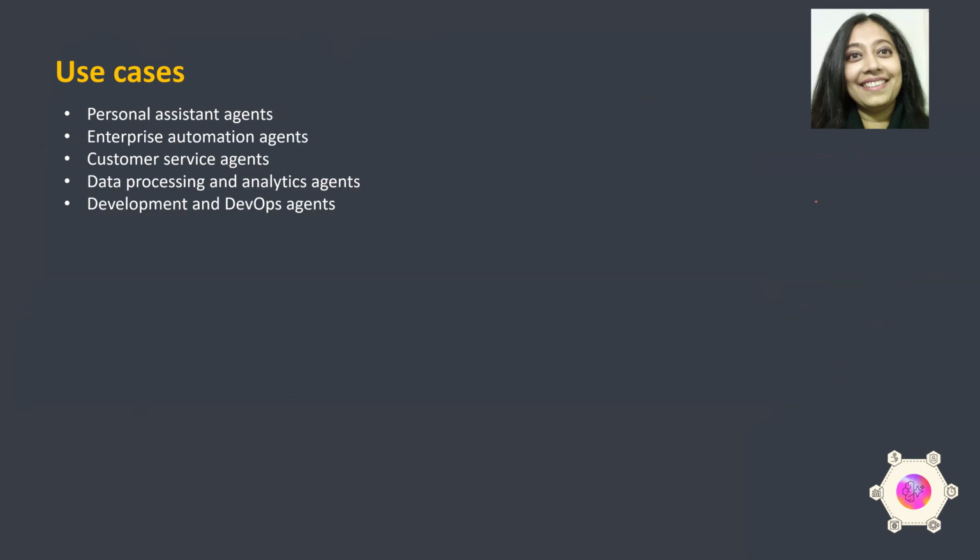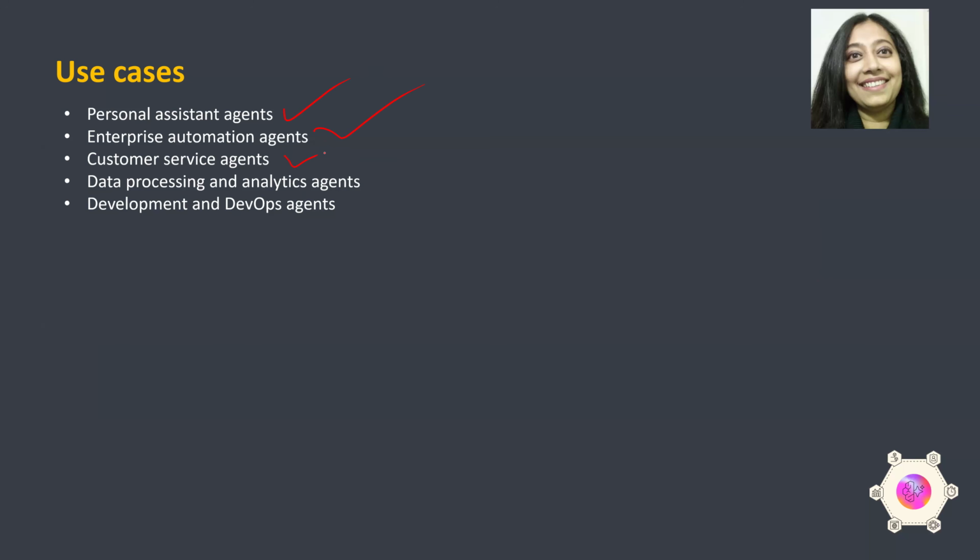Use cases. This should be pretty straightforward. We've already talked about this. Personal assistant agents, UDA based. Any kind of enterprise automation agents, you can use AgentCore Identity for any kind of machine-to-machine interaction. Customer service agents, again, UDA based, user delegated access, but still you can use AgentCore Identity.